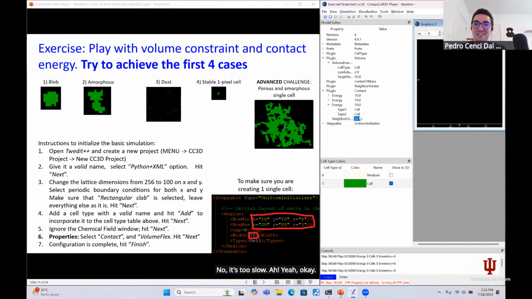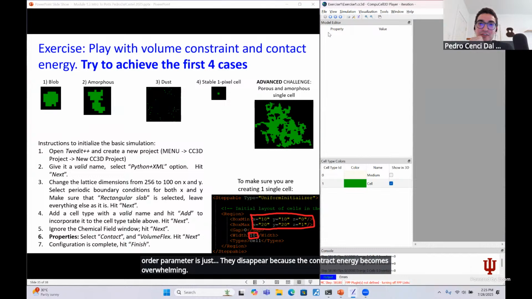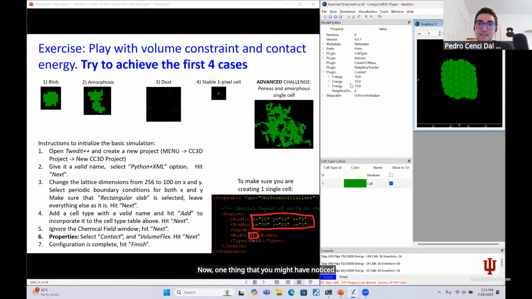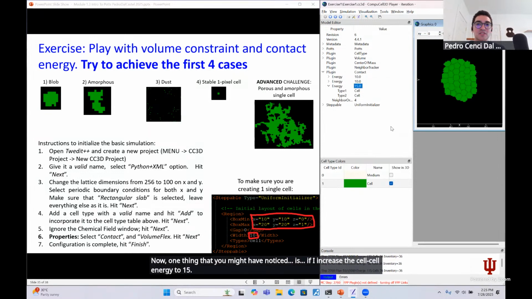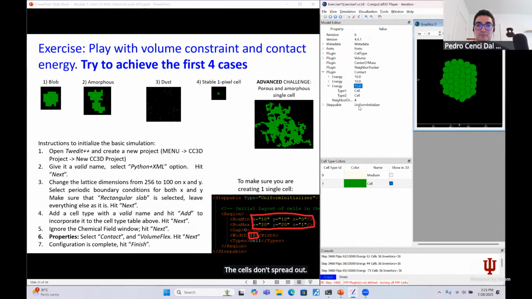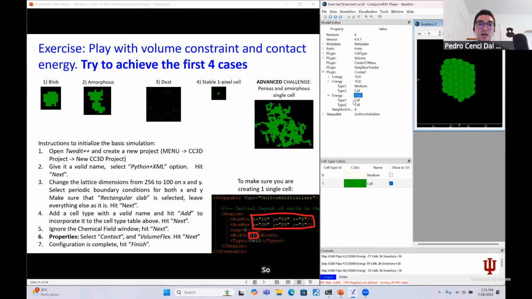If I increase the neighbor order parameter too much, they just disappear because the contact energy becomes overwhelming. Now, one thing that you might have noticed is if I increase the cell energy to 15, the cells don't spread out. But the contact energy between cells is higher than between medium and cell. So why are they not spreading apart?